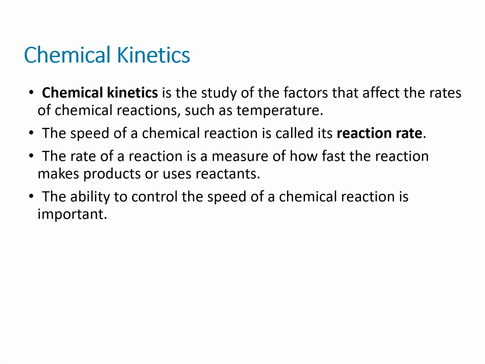Here we go. All right, so chemical kinetics. What are chemical kinetics? It's the study of the factors that affect the rate of chemical reaction. A good example of that would be temperature, for instance, and that's the one we're going to lean on the most out the gate. But it's really just an expression of reaction rate. So when we talk about reaction rate, it's interchangeable with kinetics.